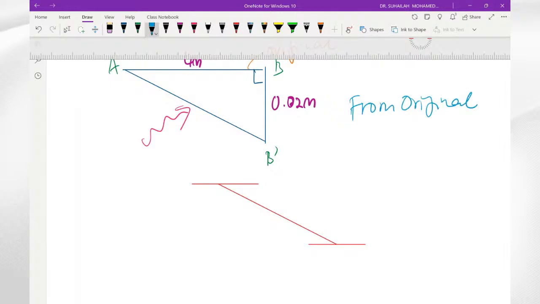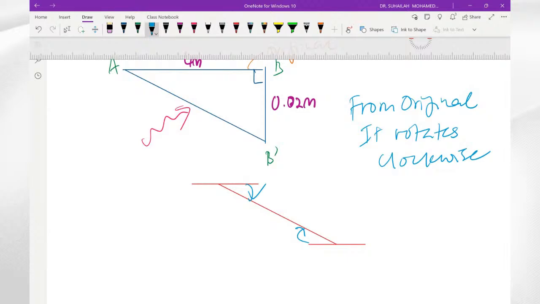It rotates clockwise from original. Okay, the beam rotates from original clockwise. It is about the rotation of the beam before settlement, at original position, moving to the new position.